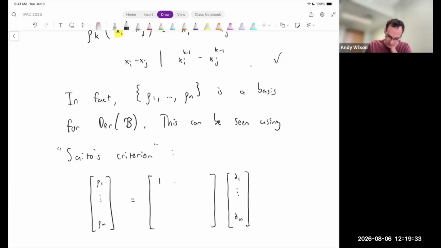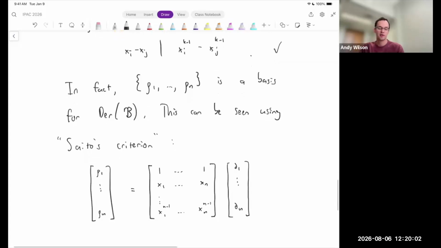So for k equals 1, we get this. For k equals 2, okay. So this is another way of thinking about these rho sub k's. And that matrix is familiar, right? This is the Vandermonde matrix whose determinant is the Vandermonde determinant.